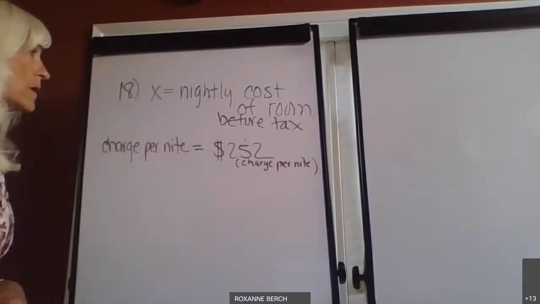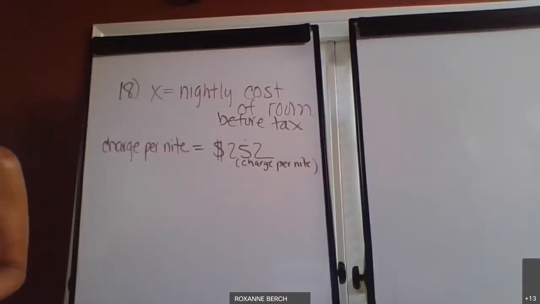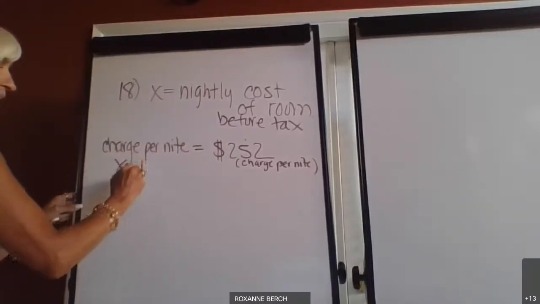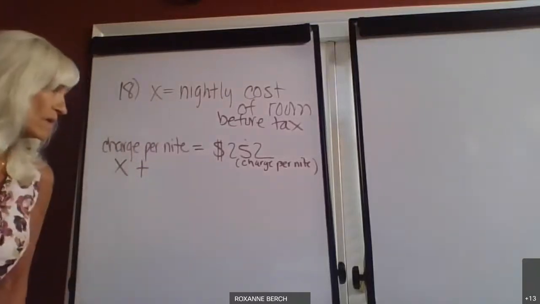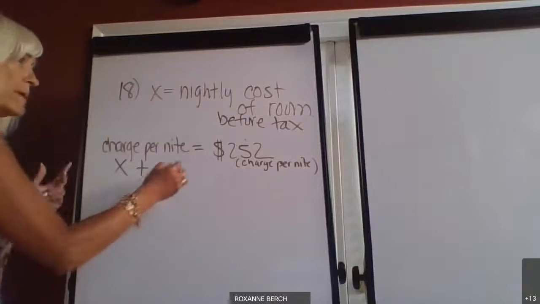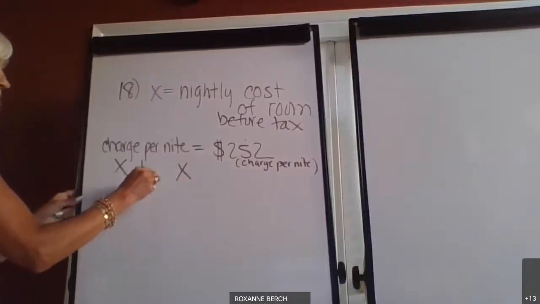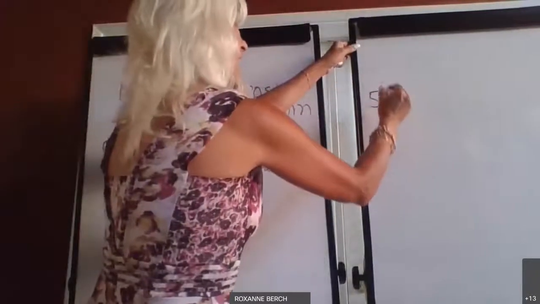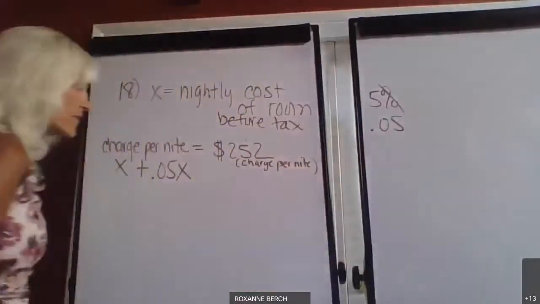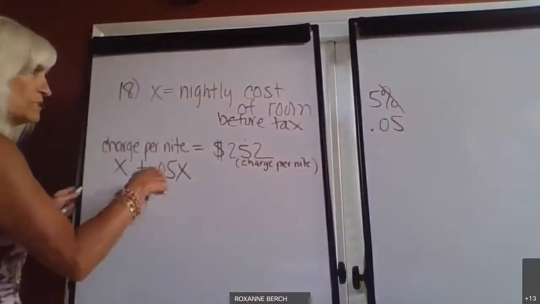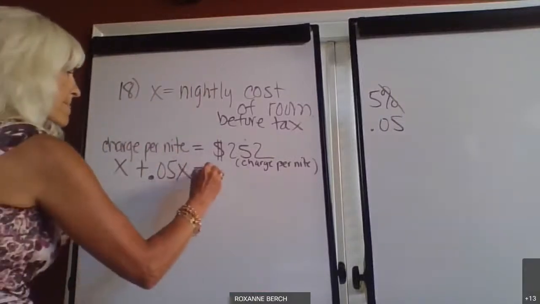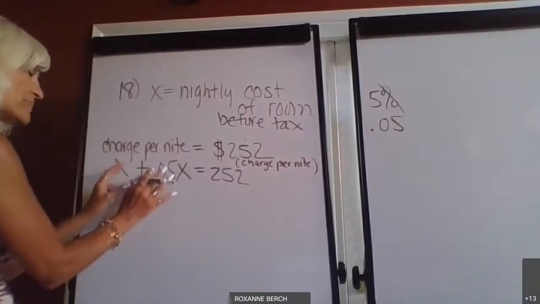Well, couldn't we take the cost before the tax and add the tax? And wouldn't the tax be 0.05x? Because we know that 5% is 0.05, and don't we have to multiply it by the cost, to represent the cost per night?